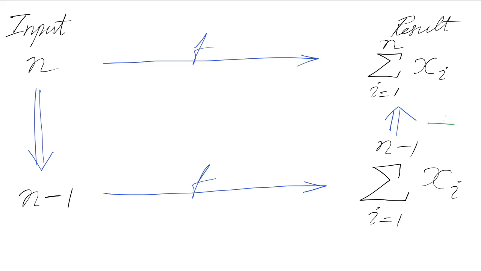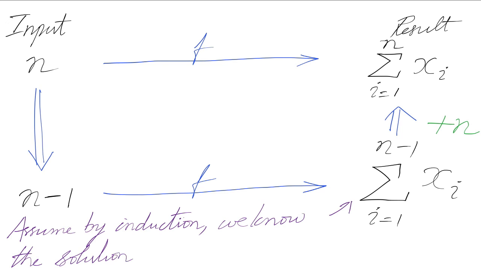We need to add n to the result of the subproblem to get the final result. Here comes the recursion fairy. Assume by induction we know the solution to the subproblem. We need to add n to the result of the subproblem to get the final result.